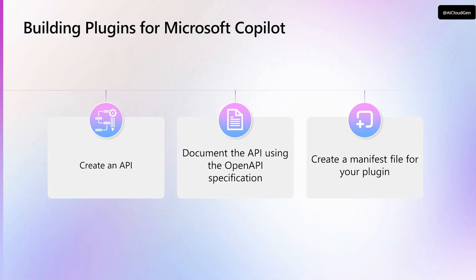And finally, you have to create a manifest file for your plugin, which Copilot can use to understand what your plugin is capable of. So this has got a lot of opportunity. If you want to open up your organization APIs for a variety of things for Copilot to use, you have to create them as plugins and register them with Copilot, and then you can enhance it.